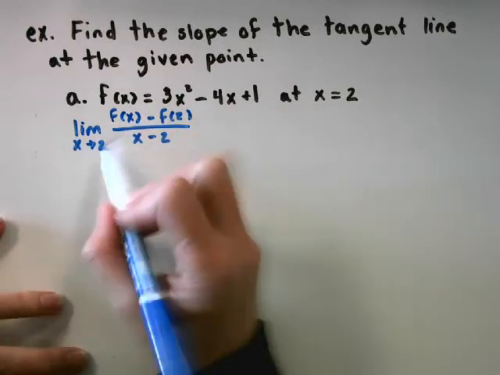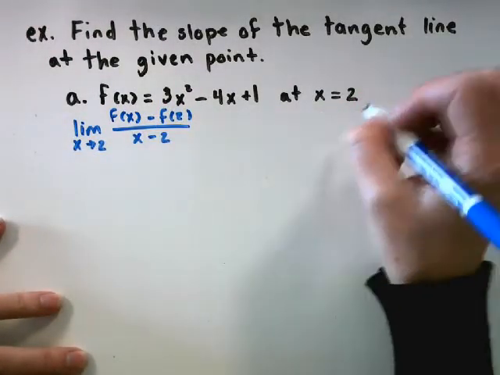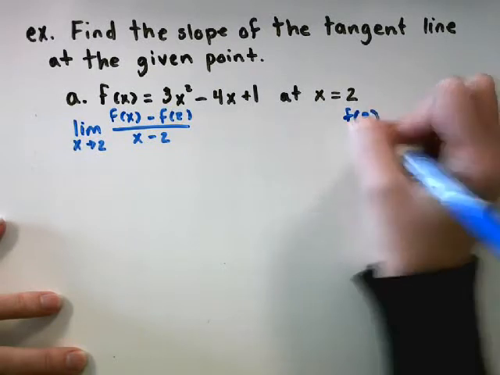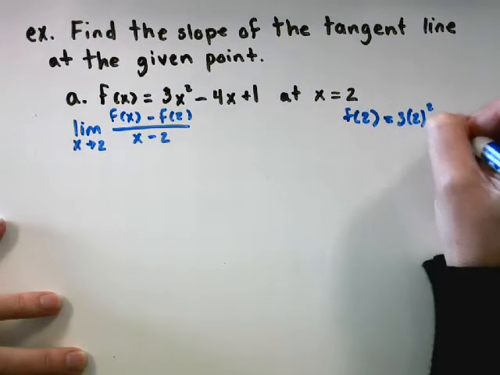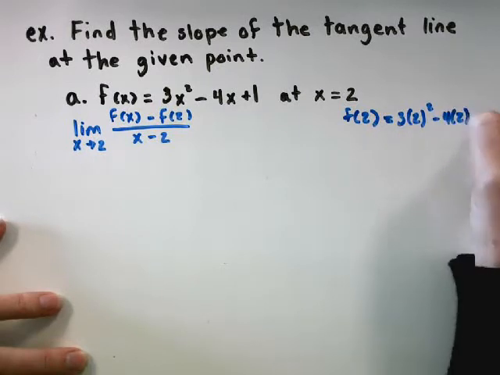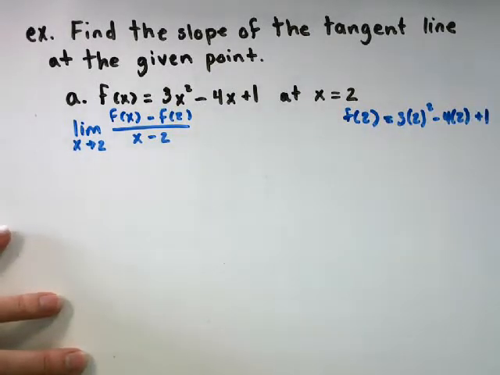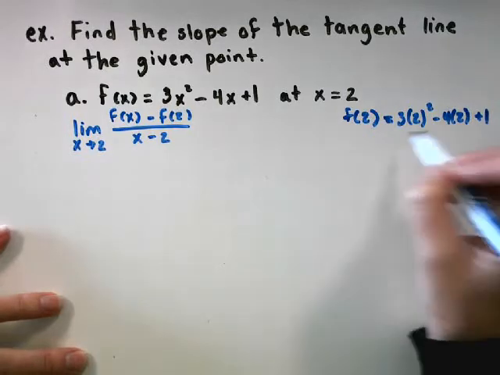So before I plug in my information, I'm going to come over here and find f of 2. That is going to be 3 times 2 squared minus 4 times 2 plus 1, which is 5.